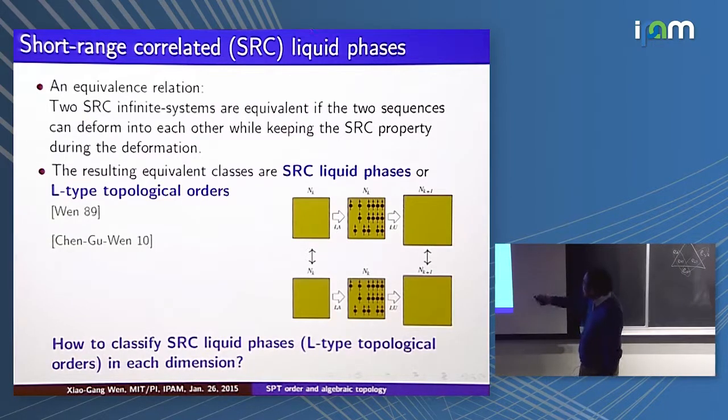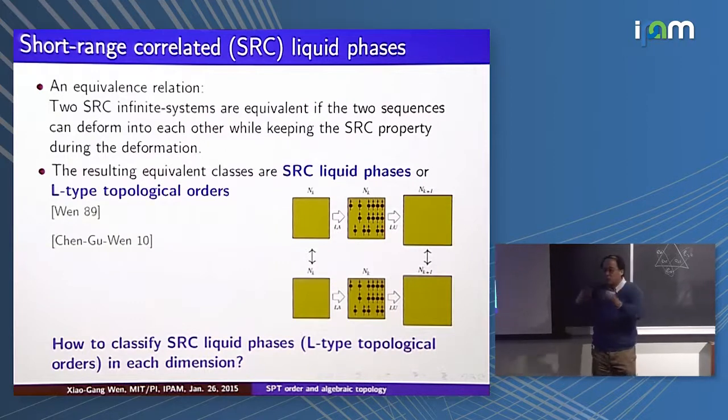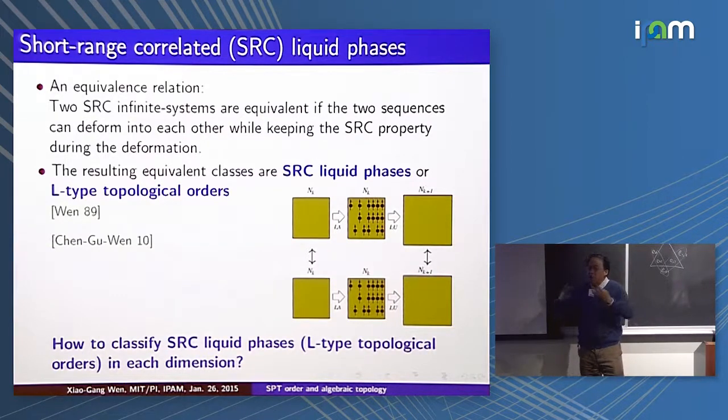Liquid really means this step: the system with a smaller size and the system with a bigger size can deform into each other if we add some frozen degrees of freedom. So basically, liquid means a system can dissolve product states, can dissolve frozen degrees of freedom arbitrarily to make its size bigger and bigger.